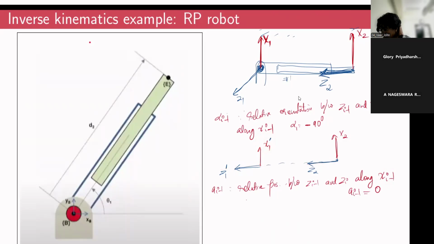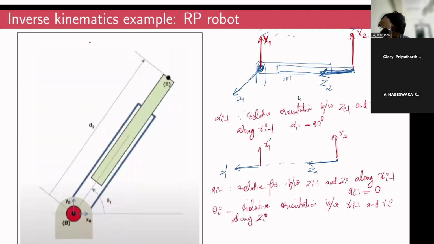Okay, now another thing would be theta i. This would be the relative orientation between x i minus 1 and x i along z i.